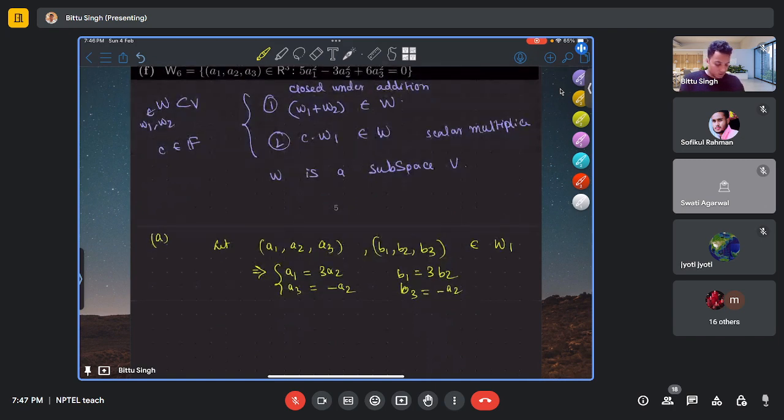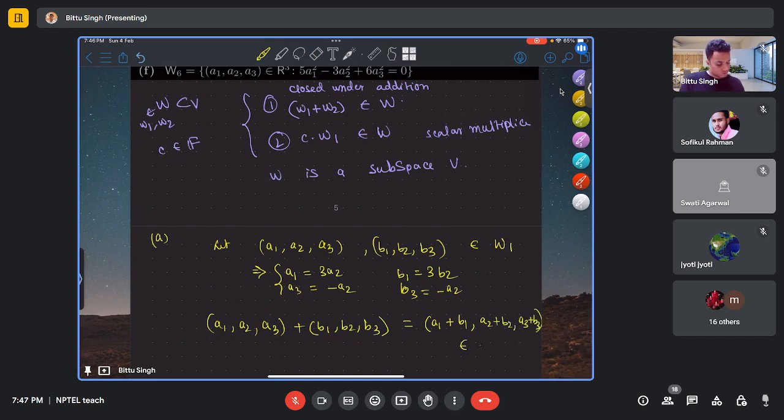Now, what about addition? So adding those two will give A1, A2, A3, added with the second tuple, which is the same as pointwise addition: A1 plus B1, A2 plus B2, A3 plus B3.